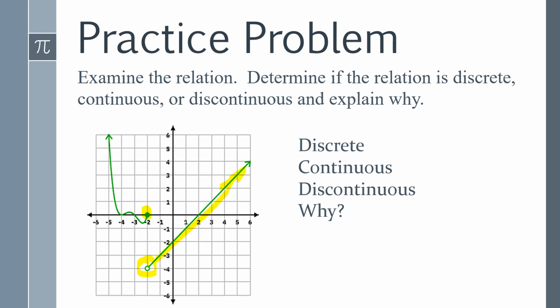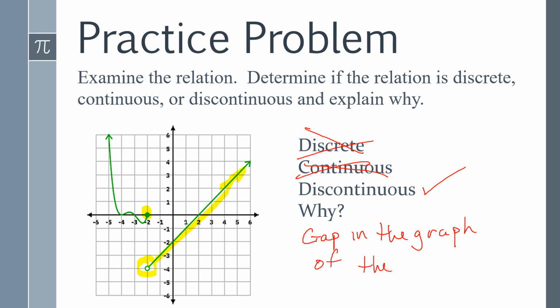So it is not continuous, so we can cross that one off the list. And it's not a bunch of points, so it's discontinuous. And why? Because there is a gap in the graph of the function.